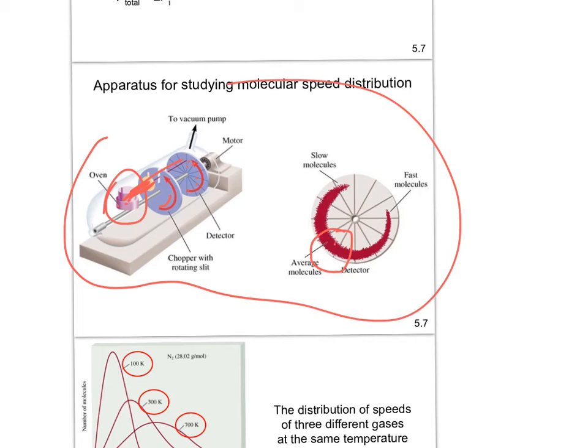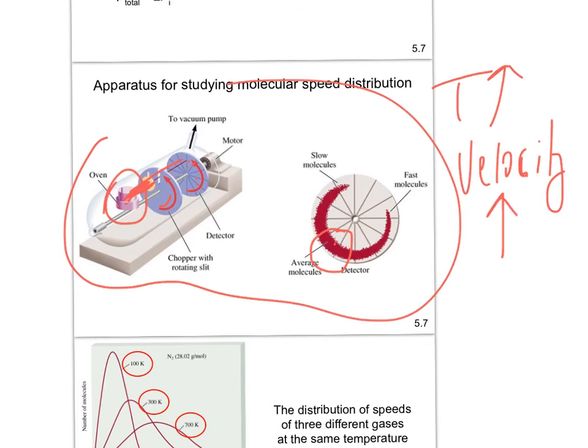And so one of the things we find here is that there isn't just one velocity. So we know that as temperature goes up, velocity goes up, right, with our gases. But what we don't know is that there is an actual distribution within that sample. So look at this graph here on the upper left.